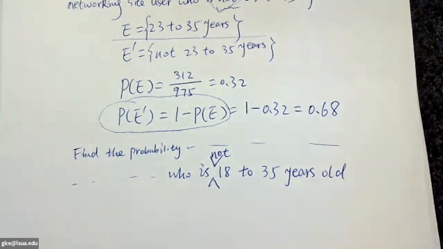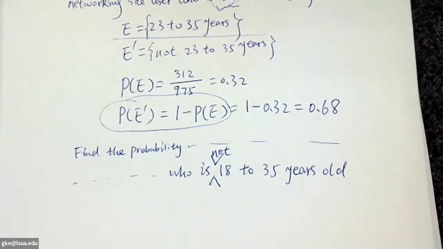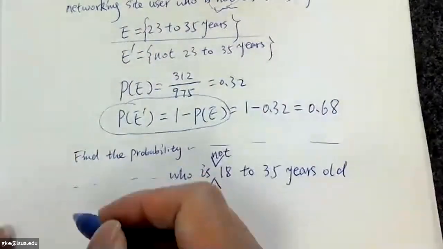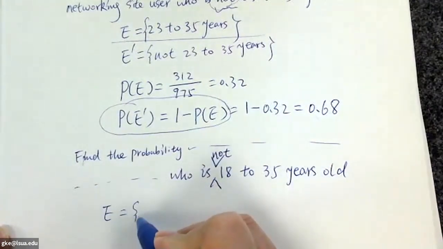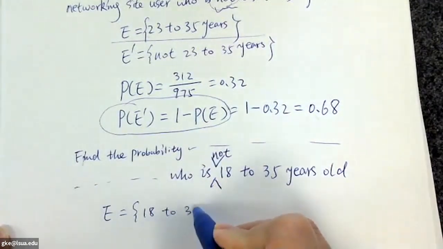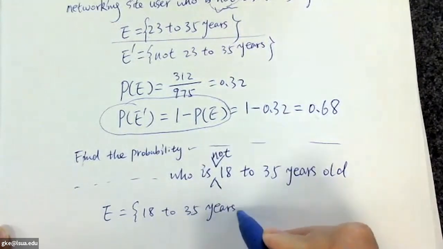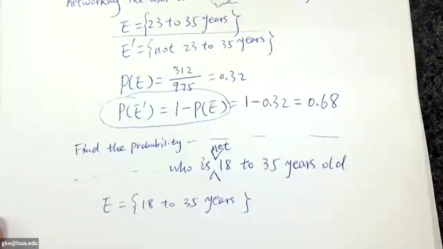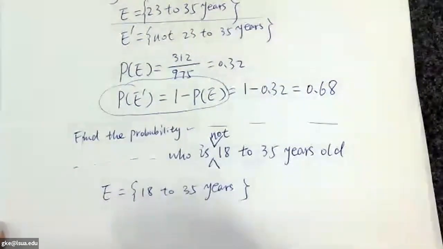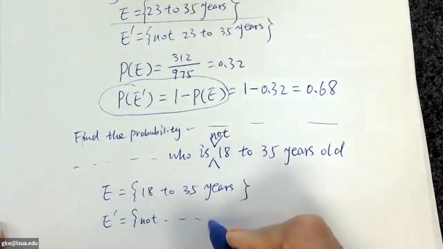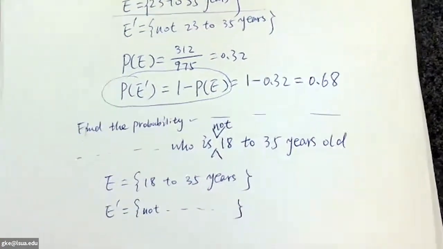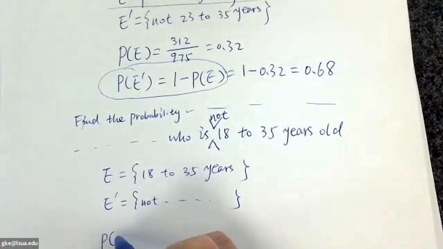Okay, I'm going to finish this problem together. So if we let E be 18 to 35 years old, all right. Now, what is E prime? Not. Okay. Then what is P(E)?